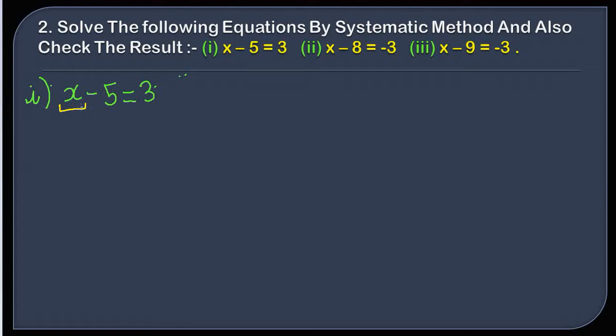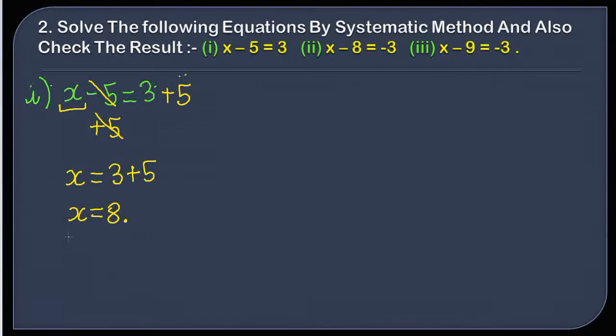As 5 is subtracted from x, we are going to do the inverse operation, that is adding 5 to both sides. Here minus 5 and plus 5 will get cancelled out and we get x is equal to 3 plus 5, that is x is equal to 8.